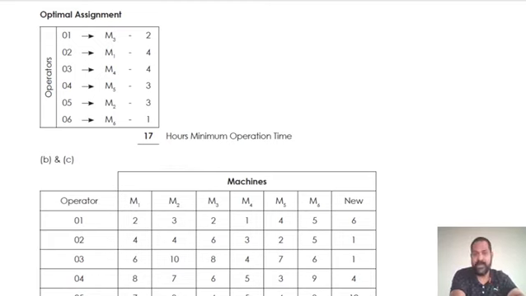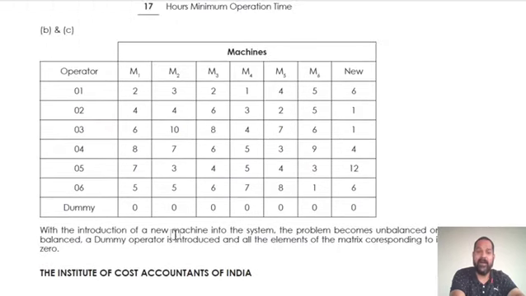So what are you going to say? What I'm going to say is, let the new machine be M7. They are writing new everywhere; I'm going to write M7. And to balance the problem, we add a dummy operator, and I'm calling the dummy operator O7. So I'm calling the operators O1, O2, O3, O4, O5, O6, O7 and the machines M1 to M7. Let's begin the problem.